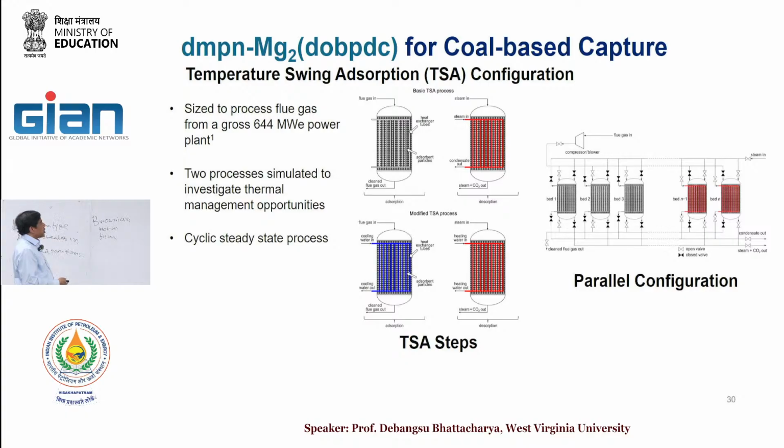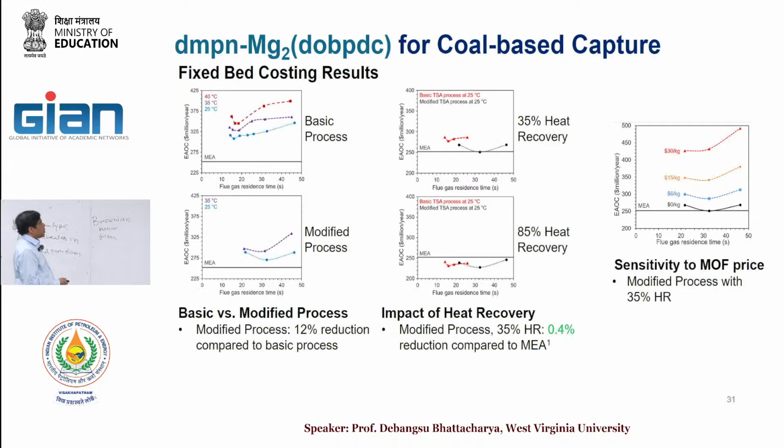We considered fixed bed and moving bed for each one of them, and did some cost analysis. So let's look into some of the cost numbers, and I know there are some questions about the cost of the materials and the sensitivity to it. First I will go with the fixed bed, and then I will show you the moving bed.